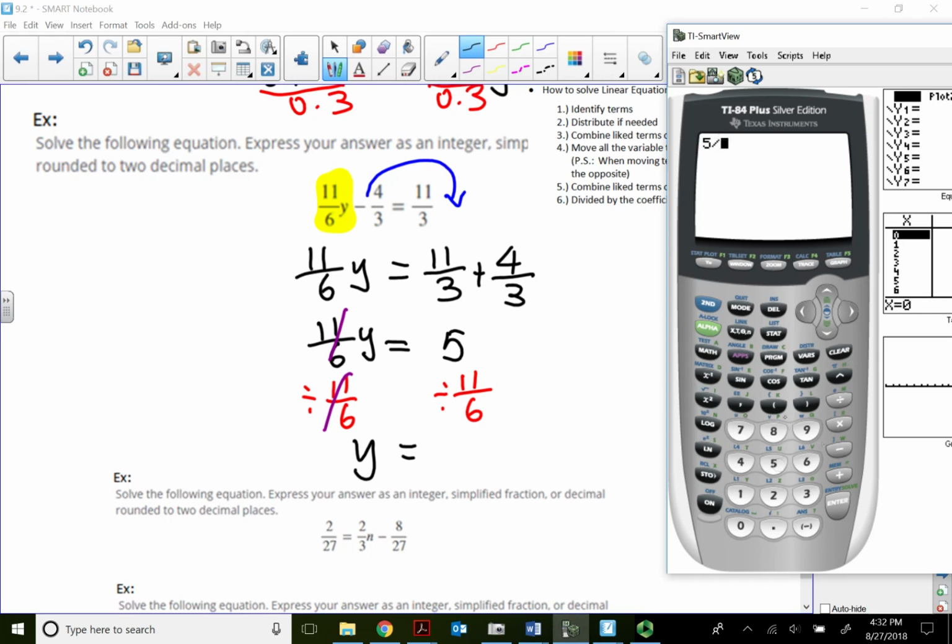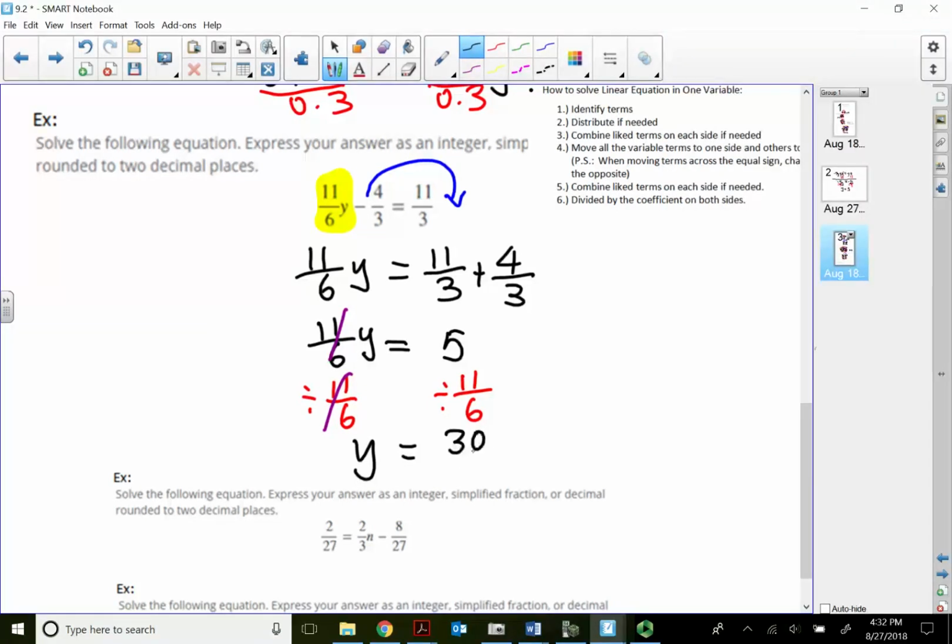Don't think too much into it. If you want to learn how to do this by hand, then you think about times the reciprocal. Division of a fraction means times the reciprocal. So 5 divided by 11 over 6. I'm going to go ahead and convert to a fraction. My answer, 30 over 11. All right, that's working with the fraction.